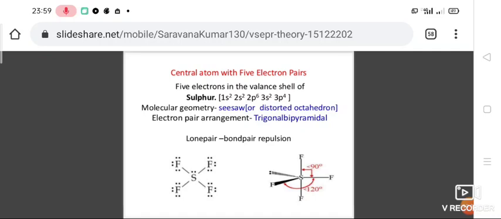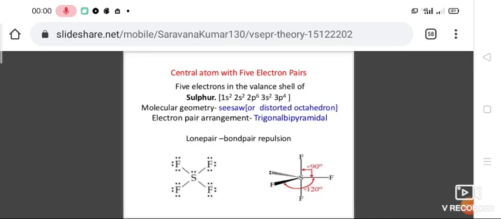As there are only 4 bonds on sulfur, the 4 apices of the trigonal bipyramid will be occupied by 4 fluorine atoms and the 5th by a lone pair. It has been found that the lone pair in a trigonal bipyramid lies in an equatorial plane, and hence sulfur tetrafluoride will have a seesaw structure.